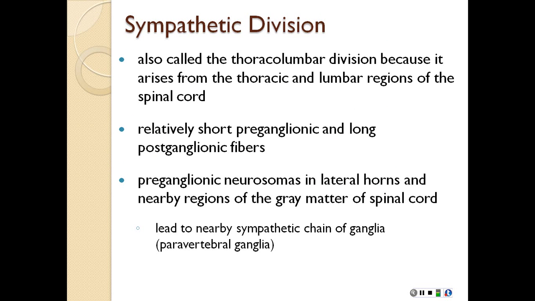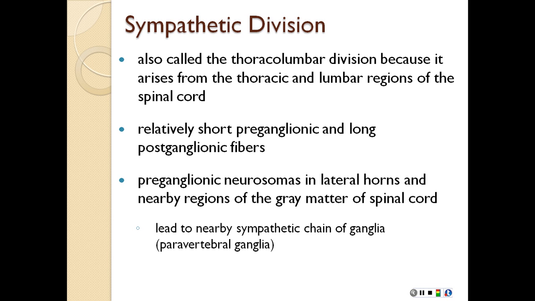Okay, a few other things about the sympathetic division. The sympathetic division is called the thoracolumbar division because it arises from the thoracic and lumbar regions of the spinal cord. Thoracolumbar, thoraco referring to thoracic, lumbar referring to the lumbar region.